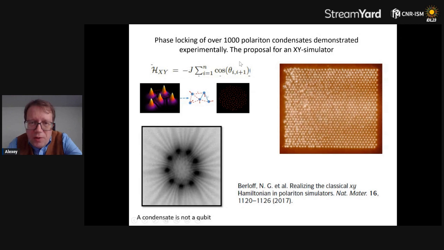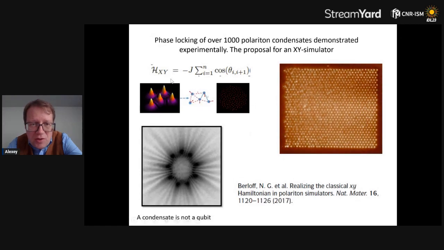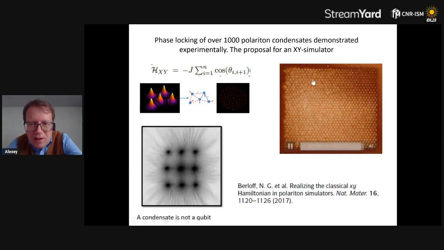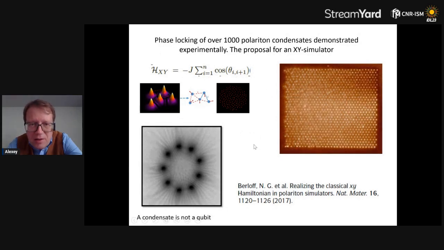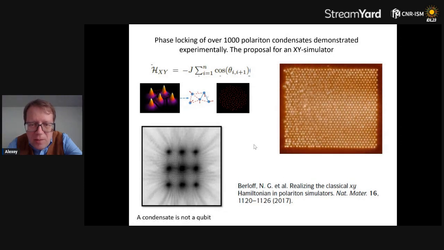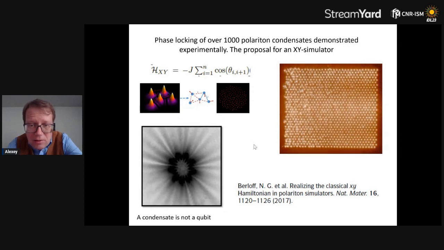So it is a very complex Hamiltonian if you have 1,000 terms in it, 1,000 condensates. But actually more than 1,000 terms, of course, because each of them can interact with many others. But still, the system finds the ground state of this Hamiltonian on a time scale of 10 to minus 10 seconds.